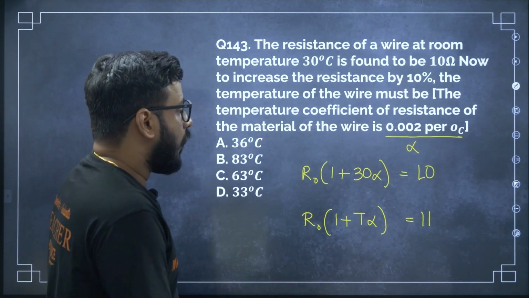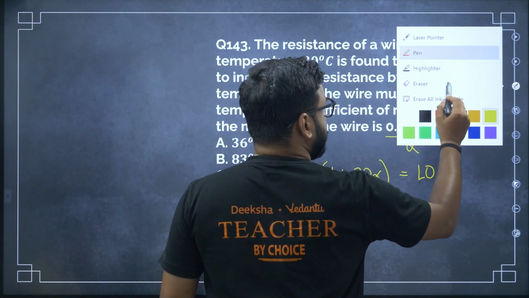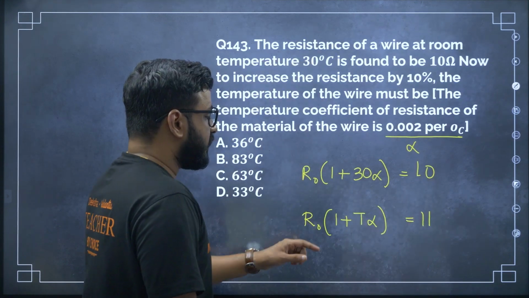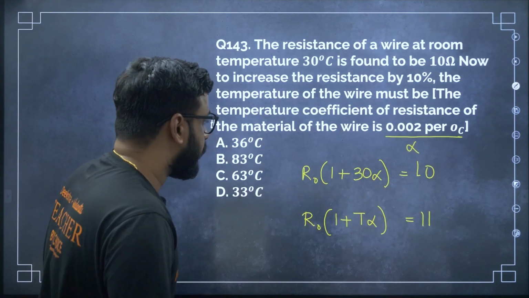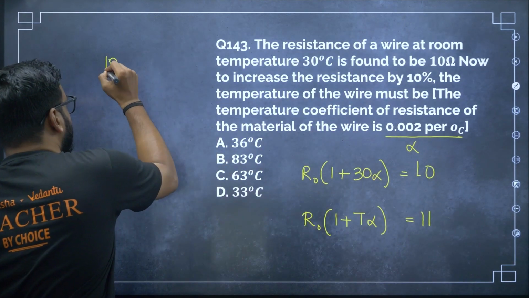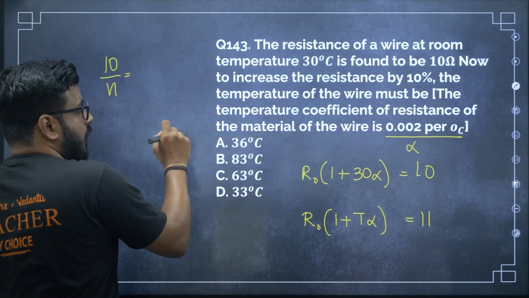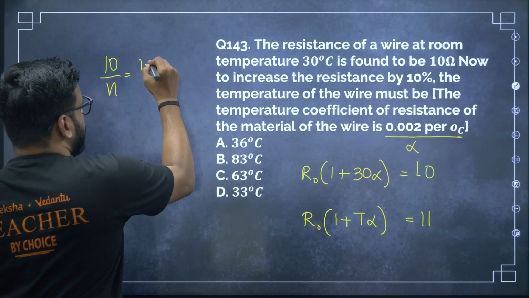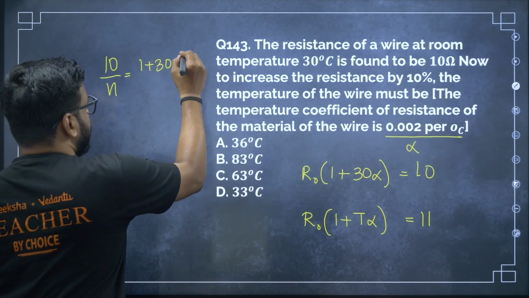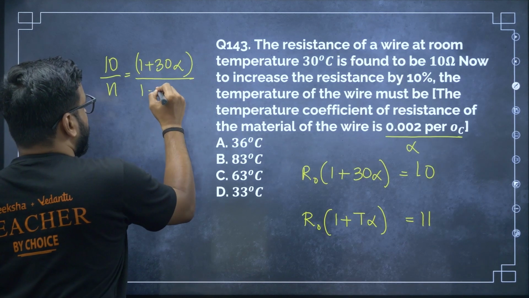Now what you do is just take a ratio. When you take a ratio, you will get 10 by 11 is equal to 1 plus 30 alpha divided by 1 plus T alpha.